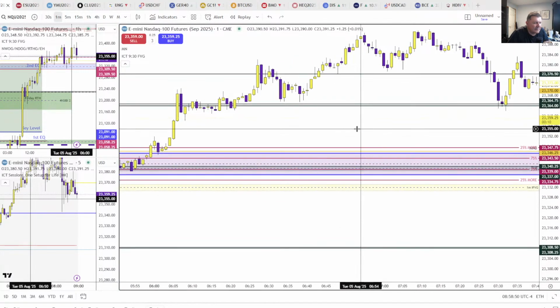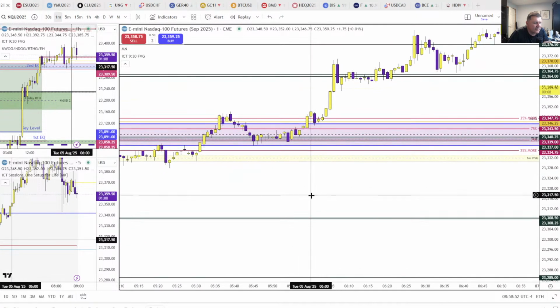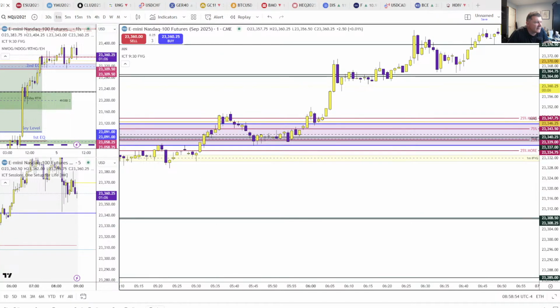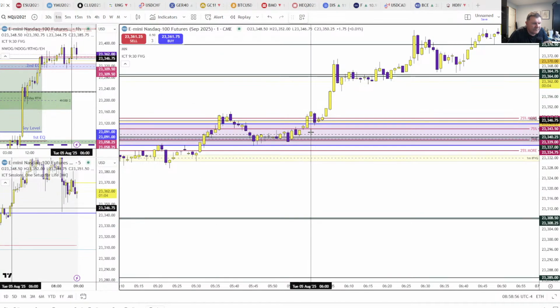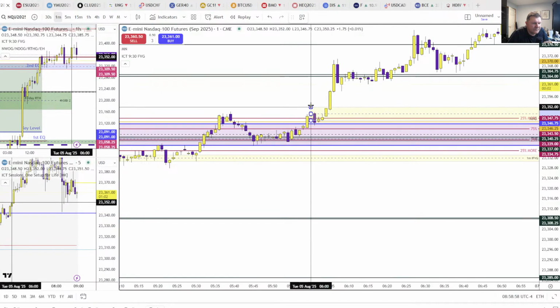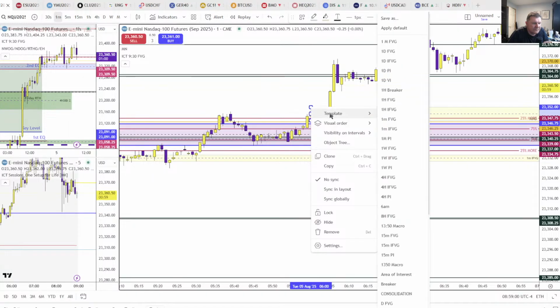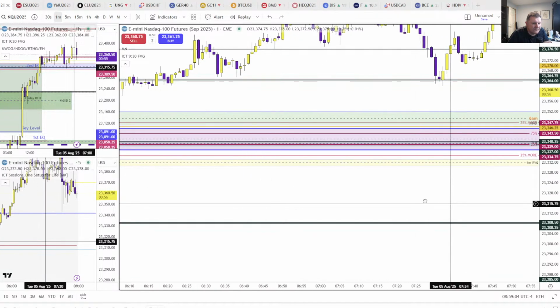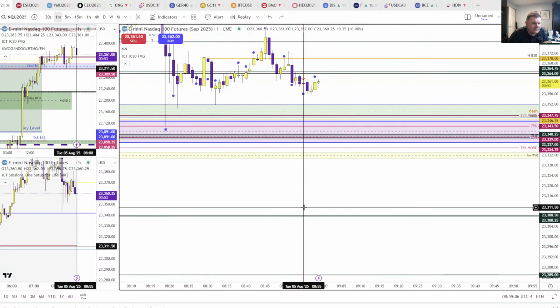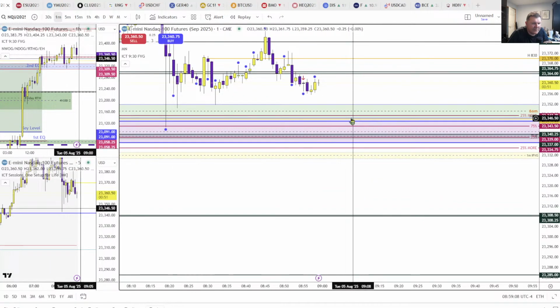I do like perhaps the 6:30 or 6 o'clock candle. And that puts us at close to the 44 level.